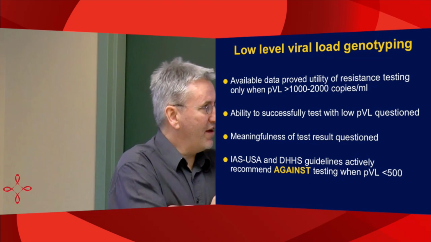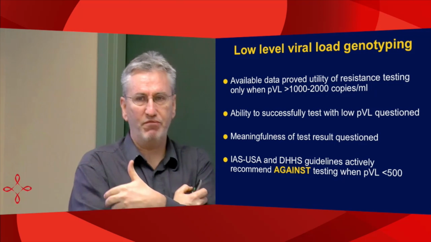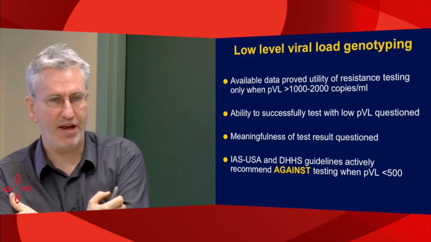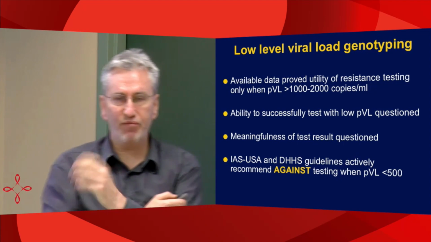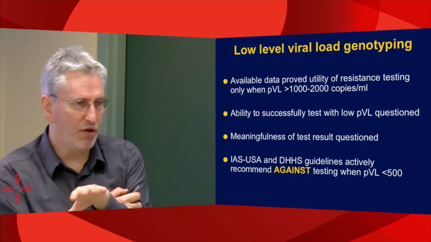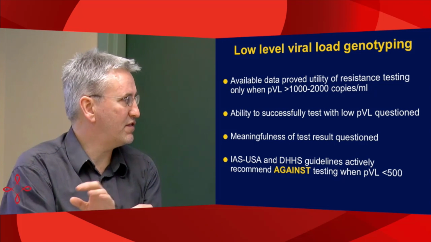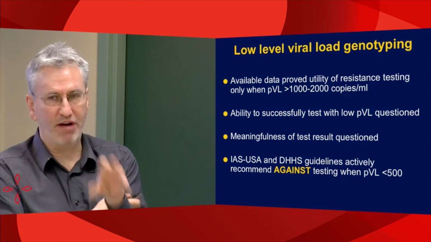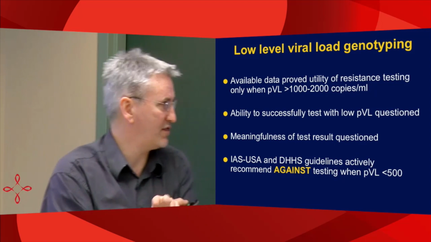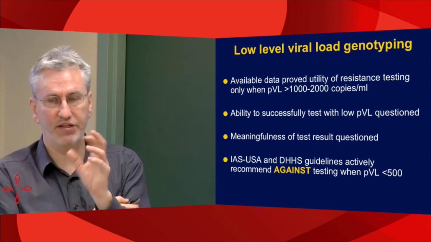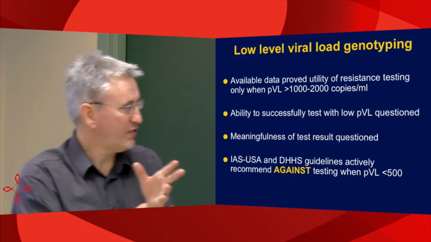Having said that, another application besides looking in untreated people for transmitted resistance, one of the main applications that we're using our drug resistance testing in is in the setting of pretty low level viremia, below 1,000 copies per mil. And in the US, the kits that are licensed are only approved above 1,000 copies per mil, or the only one that's remaining as a kit in the US actually requires you have at least 2,000 copies per mil of virus to get a resistance test done.